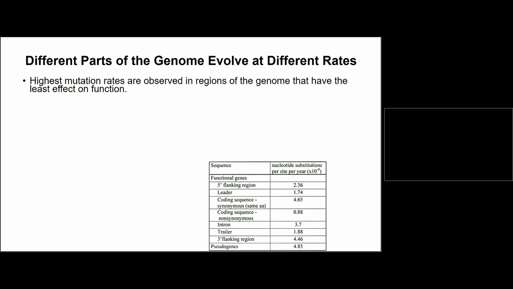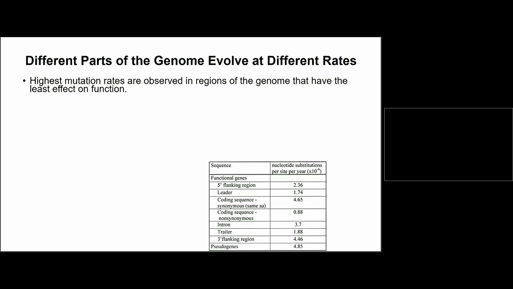You can imagine mutations in those regions have the potential to be much more damaging, right? If you're going to screw up a protein, that's potentially going to be a problem. So those mutations are going to be maintained or evolve at a much slower rate, because the likelihood of you screwing something up is much higher. Versus if you look here at the pseudogenes, that's a really high number.